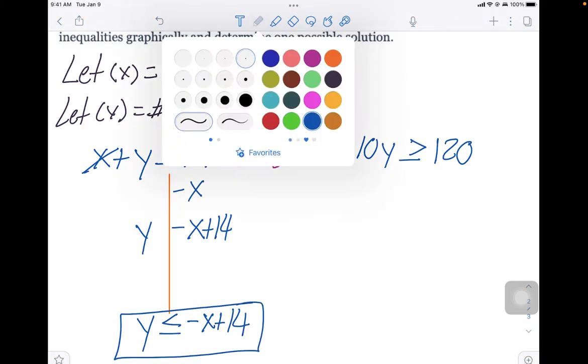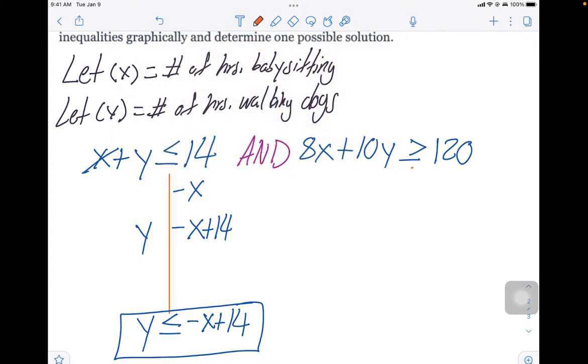Next it says and, so let's do our second inequality. Again, our goal is to get Y by itself. I want to get rid of this 8X, so I bring it over and make it a negative 8X.